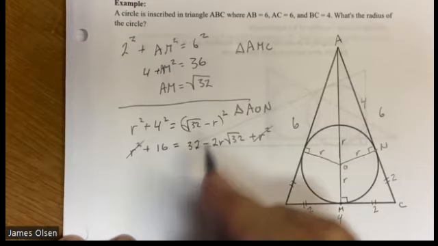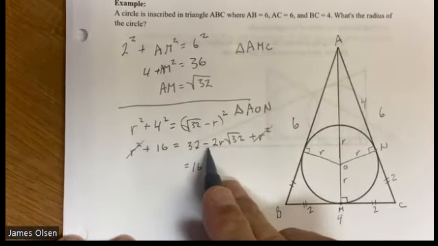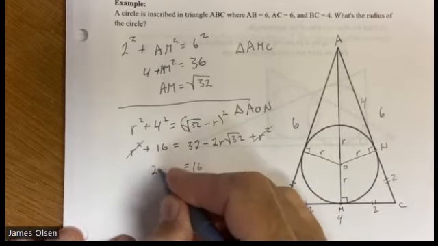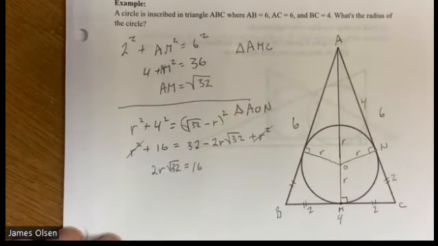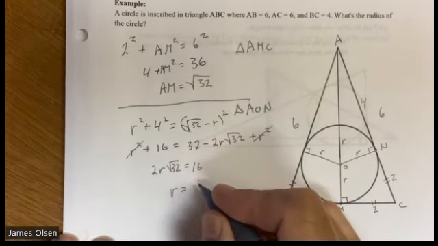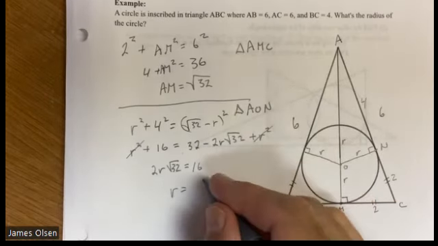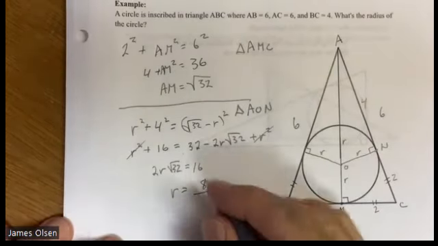If I subtract 16 from both sides, I get 16 on the right-hand side. And if I add a positive 2R root 32 to both sides, I get positive 2R root 32 over here. And now dividing by 2 root 32. 16 divided by 2 is going to be 8, divided by root 32.